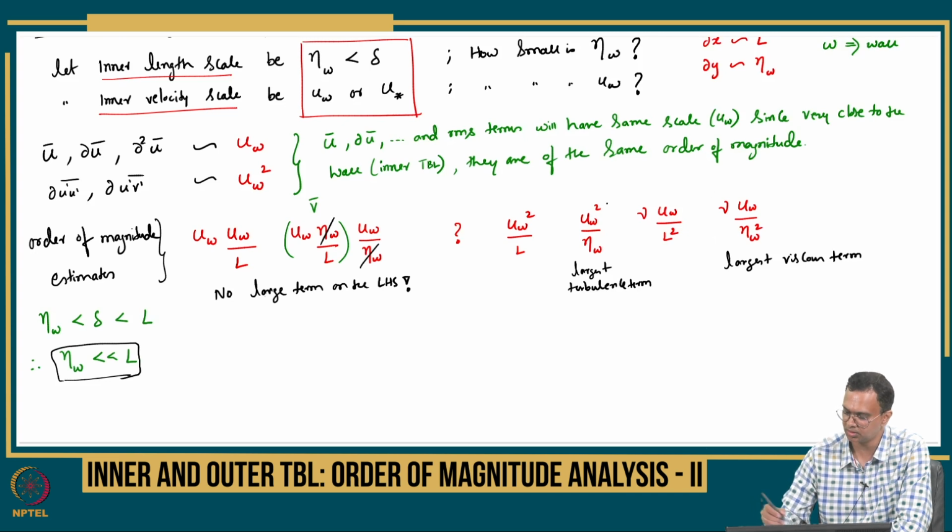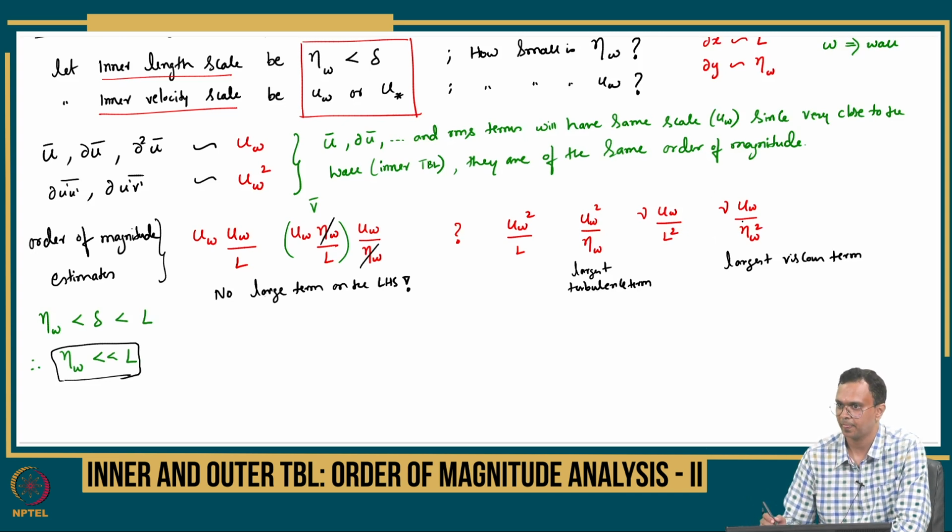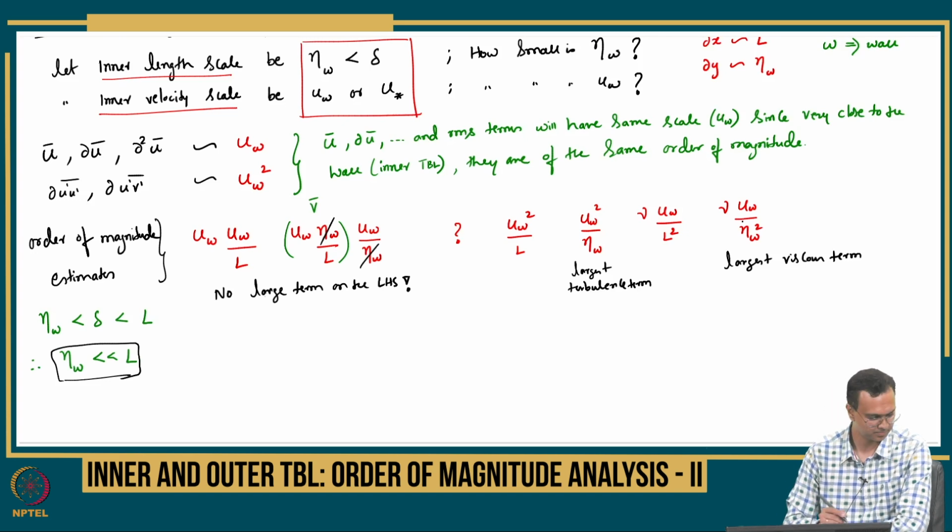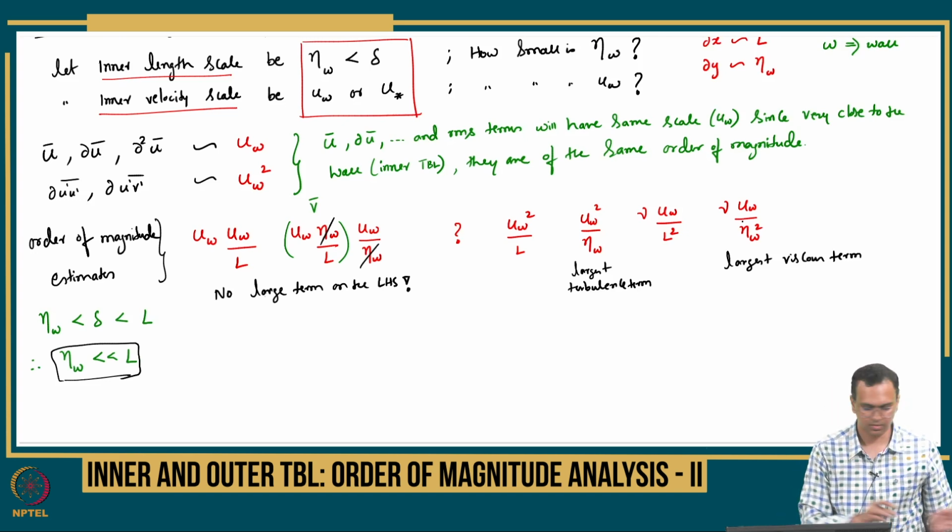So these two are the biggest terms here. If I want to save both the viscous term and the turbulence term, I will first see, let's divide the whole thing by the largest viscous term to save this, right?